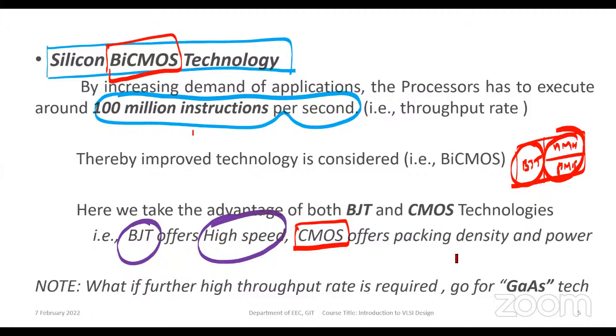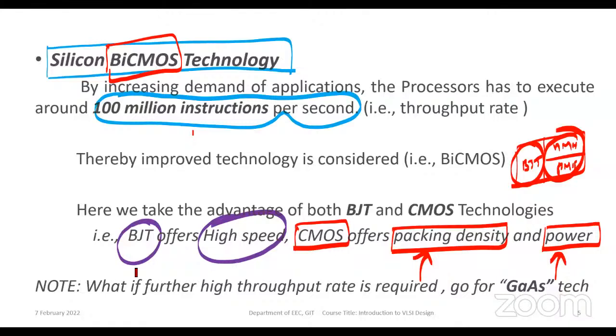CMOS is not that high speed compared to the bipolar, but the packing density is high and the power consumption of CMOS circuits is very low. That means more transistors can be accommodated in a given small area. That is possible with CMOS. Not only that, it is possible to reduce the power consumed by the circuit also. So in spite of the speed being less compared to the bipolar junction transistor, it has got good packing density and low power consumption.